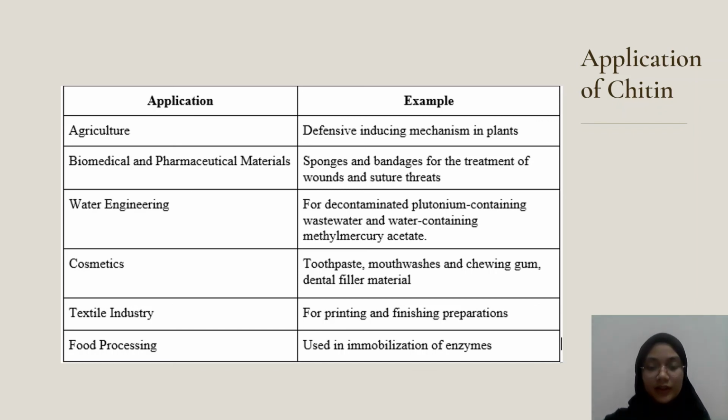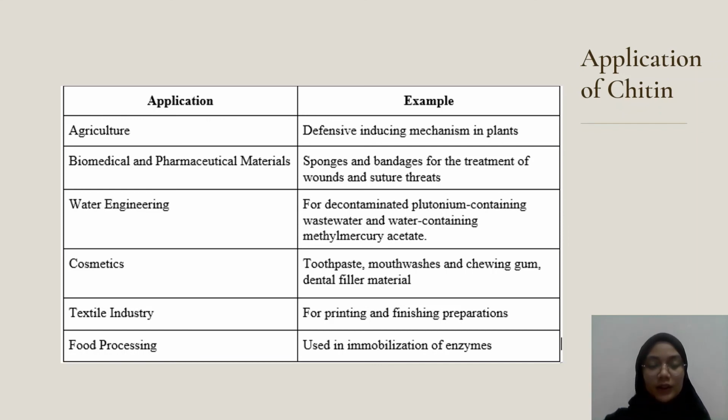In water engineering, chitin is used to decontaminate plutonium-containing wastewater and water containing methyl mercury acetate. Furthermore, chitin is also used in the cosmetic category, in toothpaste, mouthwash, chewing gum, and dental filler material.